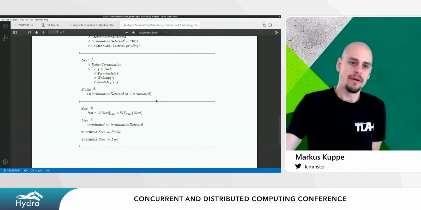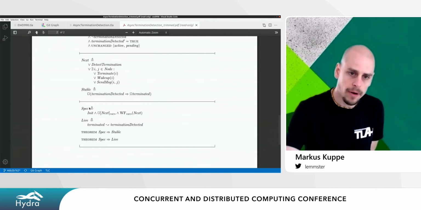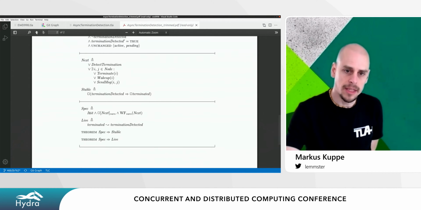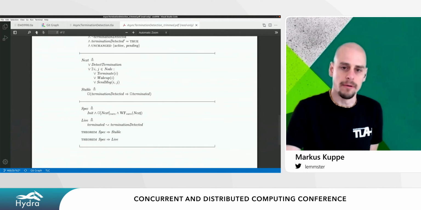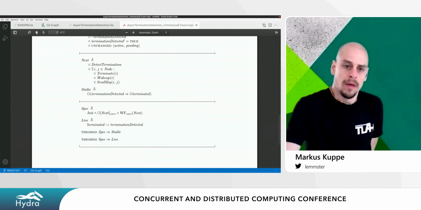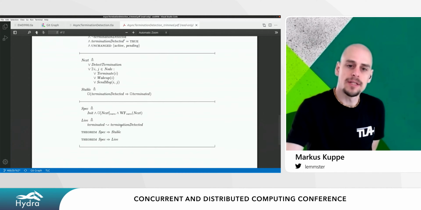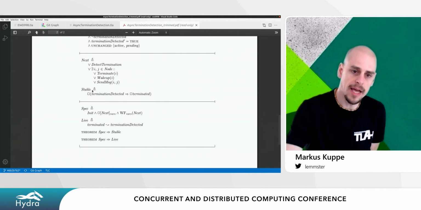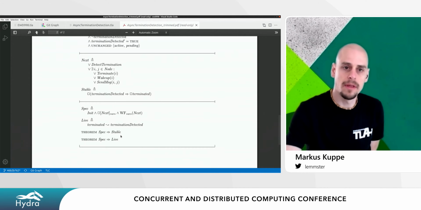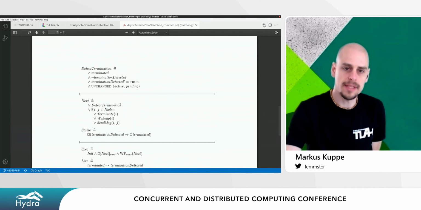The temporal formula that defines the specification is Init, always Next, and some weak fairness over Next. Terminated leads to termination detection. The spec is also stable, and we have those 2 theorems here.